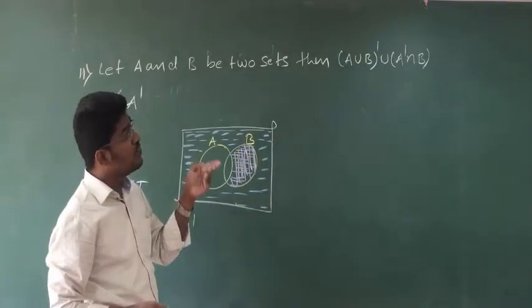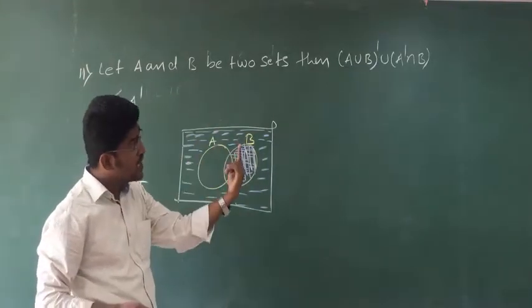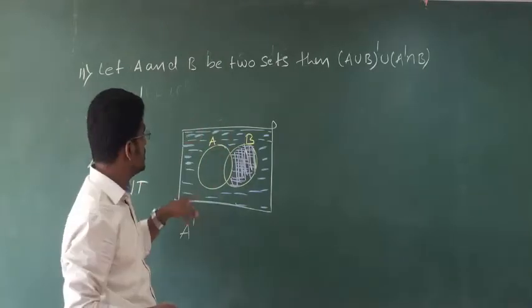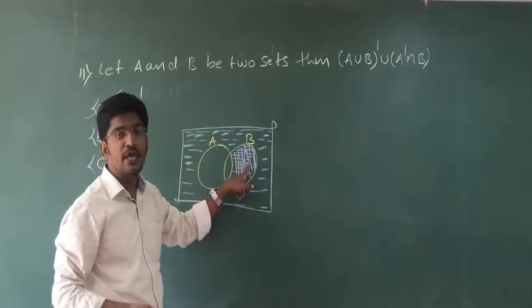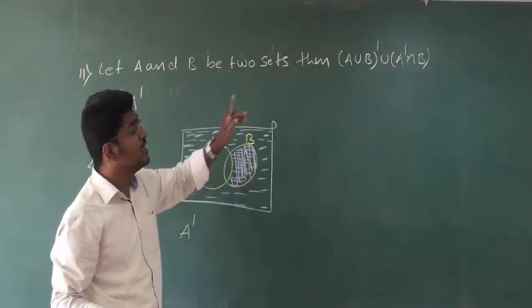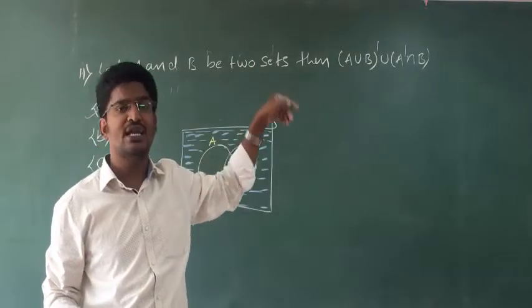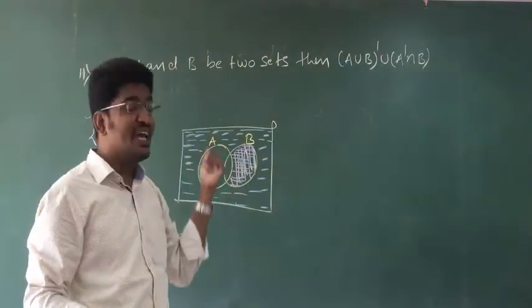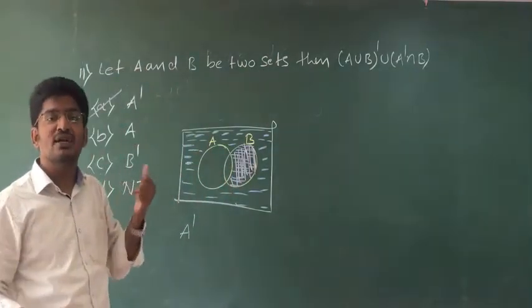Now A union B whole complement union A complement intersection B means blue and this B complete is present. So this is the Venn diagram of A union B whole complement union A complement intersection B.